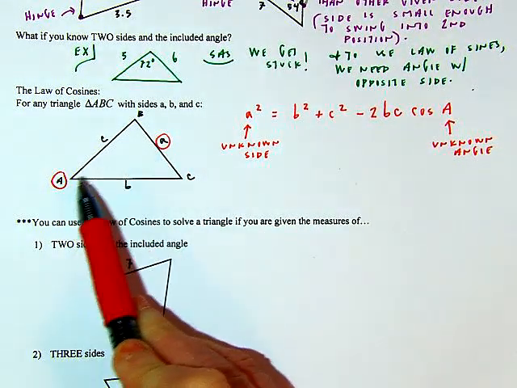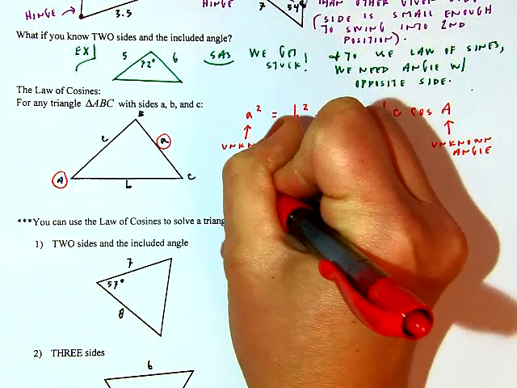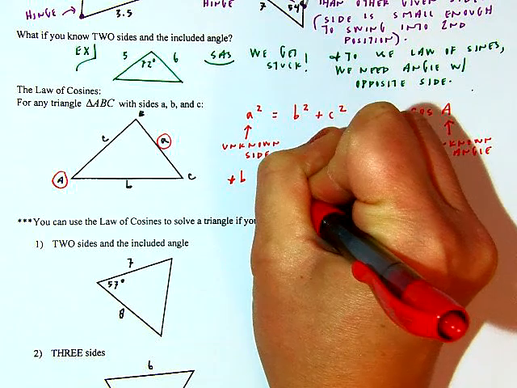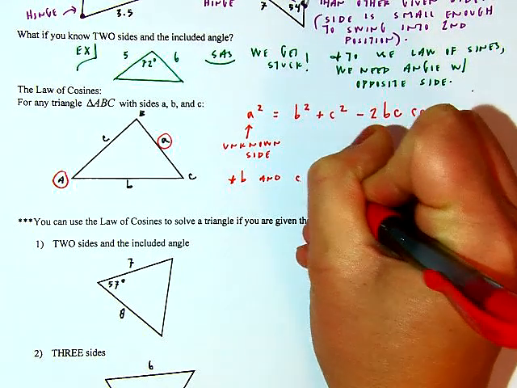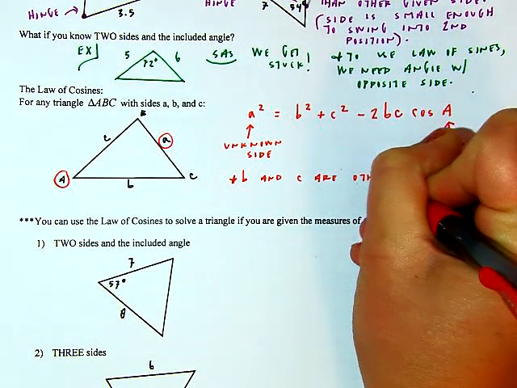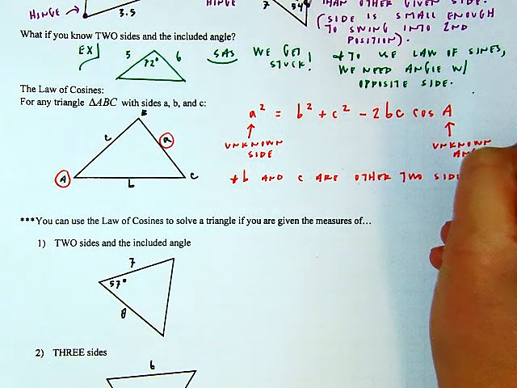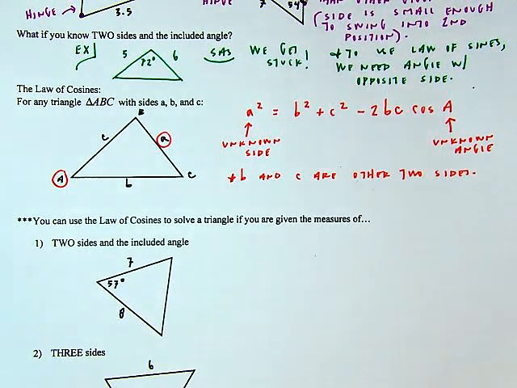And b and c are simply the other two sides. Okay, so now I want to show you how it's used. I'm going to show you how it's used before we do a big example.